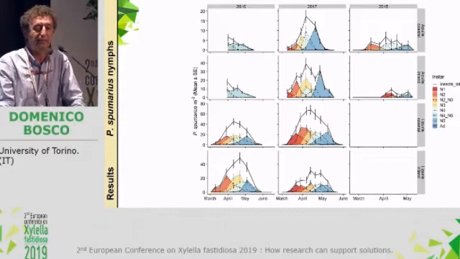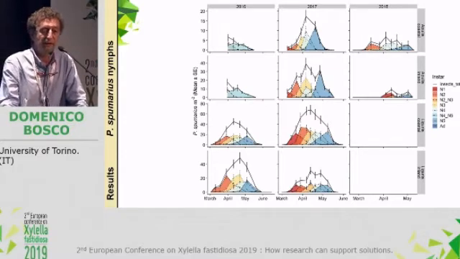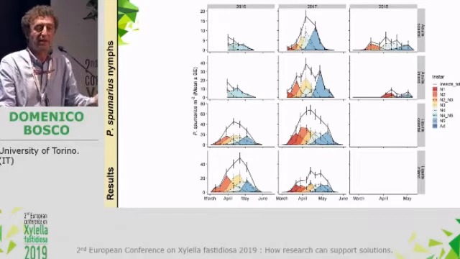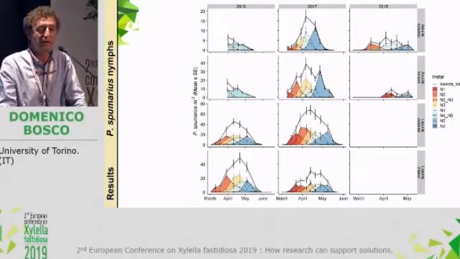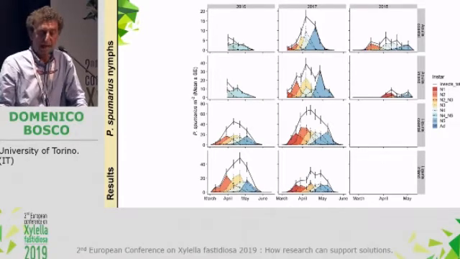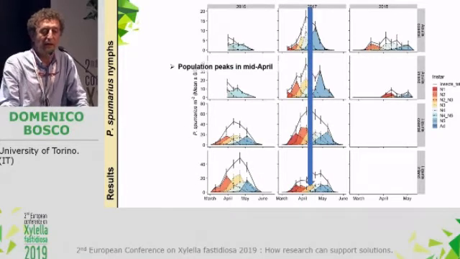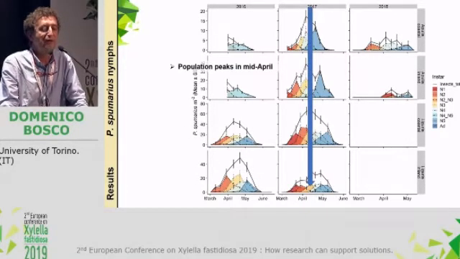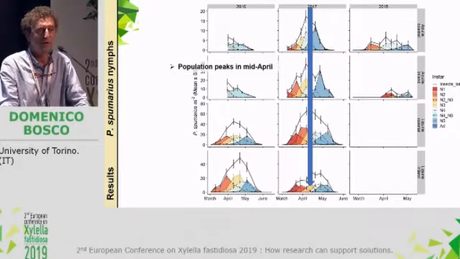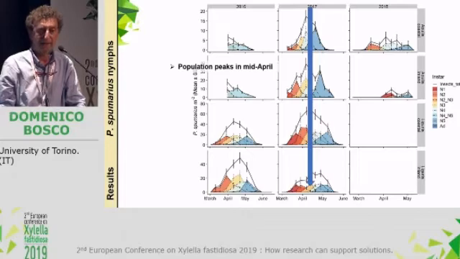The same data represented in this graphical form help us to appreciate also the level of abundance of this nymphal population over time. And we can see that the nymphal population peaks more or less in mid-April, both in northern Italy and southern Italy.